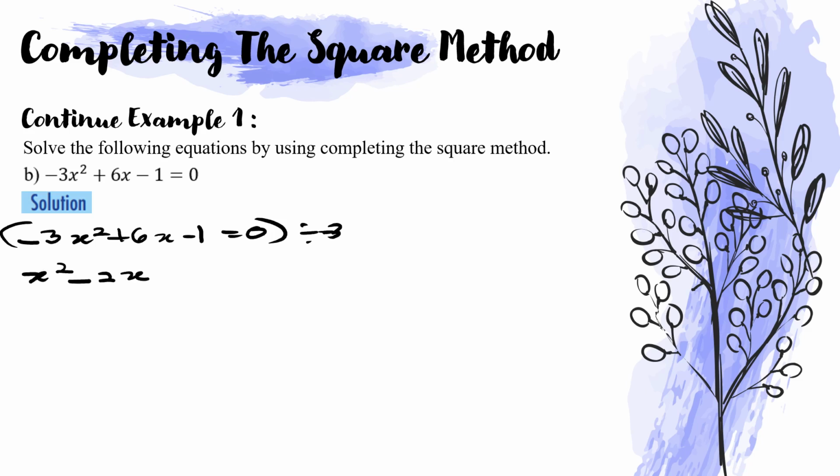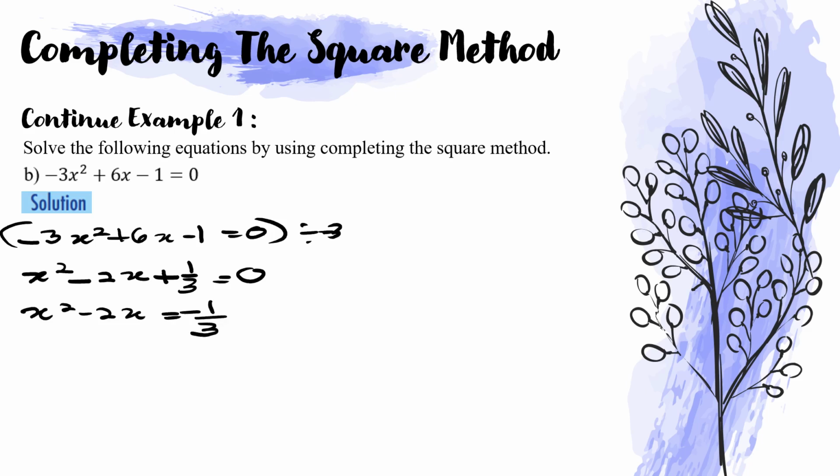And then this one will become positive 1 over 3. 0 divided becomes 0. So next, what you need to do? You need to do similar to the first example. The constant, 1 over 3, you move to the right hand side, so it becomes x squared minus 2x is equal to negative 1 over 3.